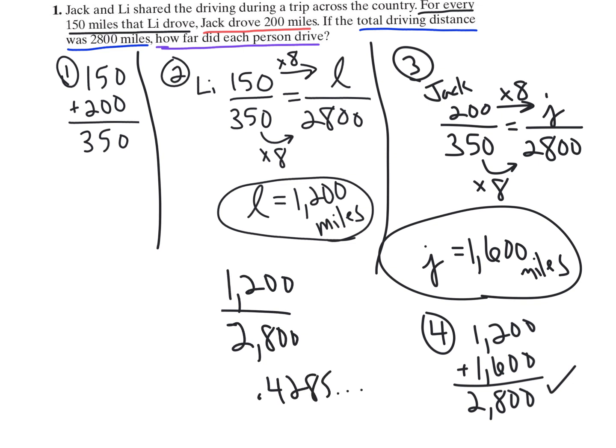So if we do the same thing, if we do 1,600 divided by 2,800, we get 0.5714, something like that. I wasn't thinking right at this originally, but those two decimals together should add up to 1.